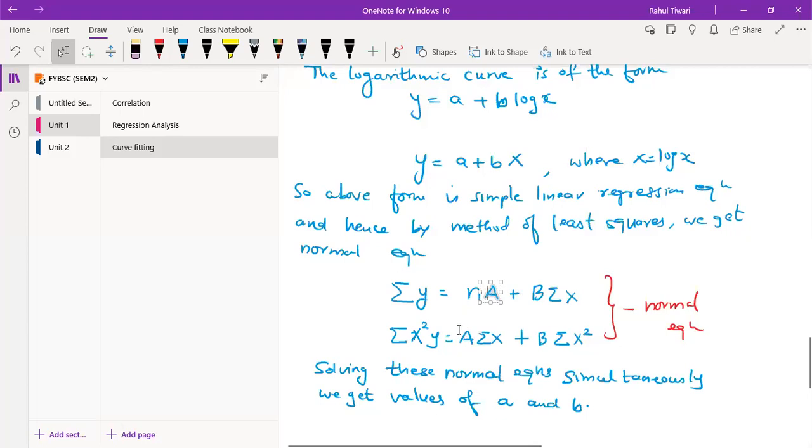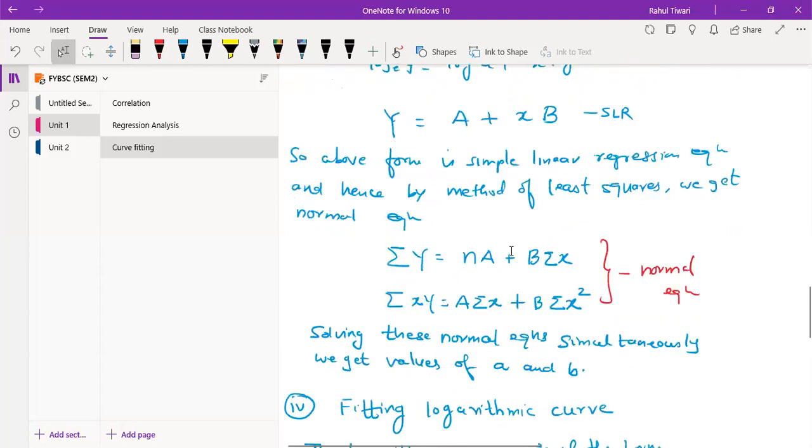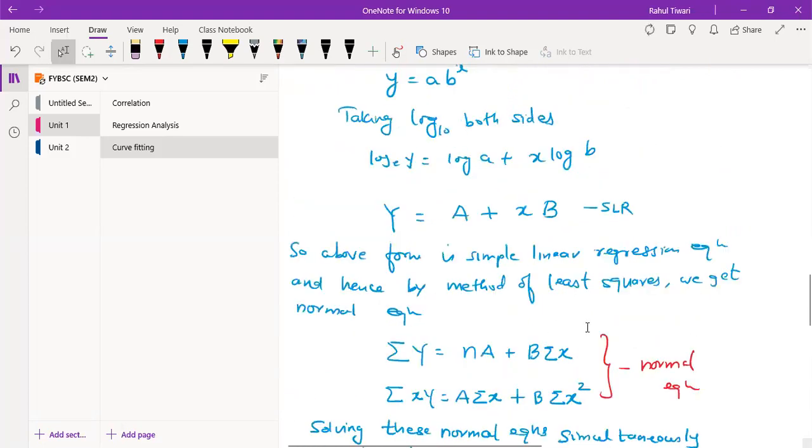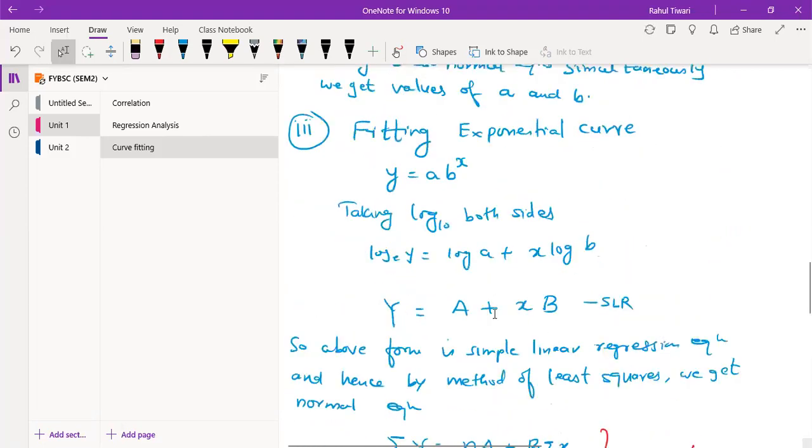Because we have a capital and a small letter. Let me change this. This would be A, B. Similarly, you have to change in the previous case also. Okay, this is correct. This is log A, we have considered log.